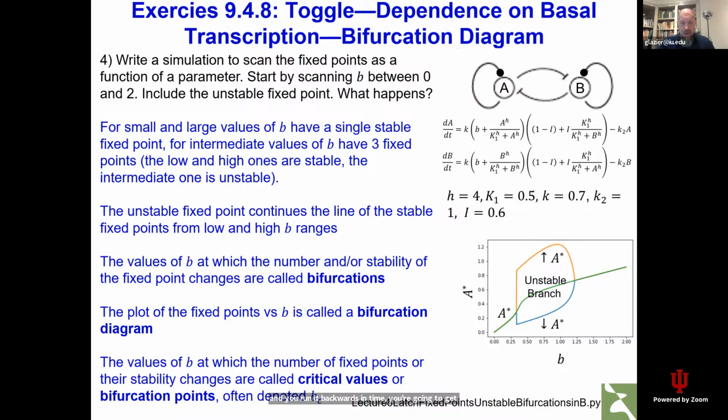And so what you have to do in that case is you run it for, say, 10 Monte Carlo time steps. And you say, if the value of A gets to be big, or if the value of B gets to be big, then you stop. And you say there is no unstable fixed point for that.